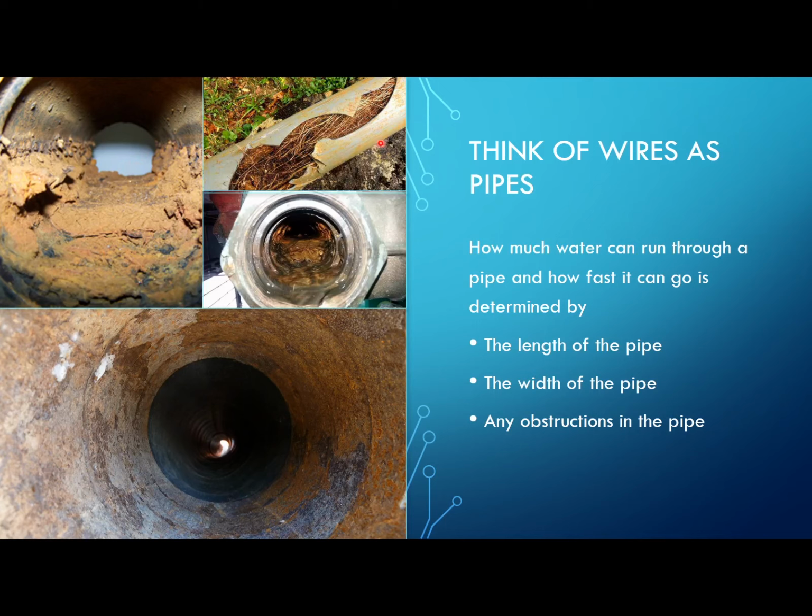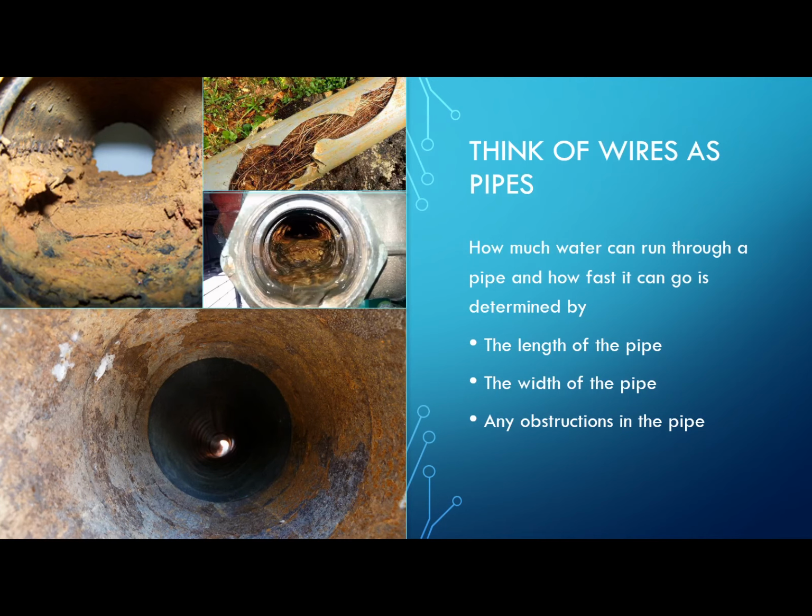And then this picture is of some roots from a plant that cracked through the pipe and then they grew through the pipe. It's actually a pretty common problem to have with the pipes that run into but mostly out of your house, depending on what they're made out of.